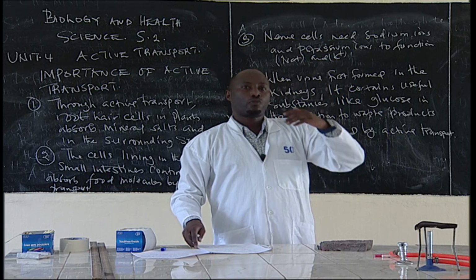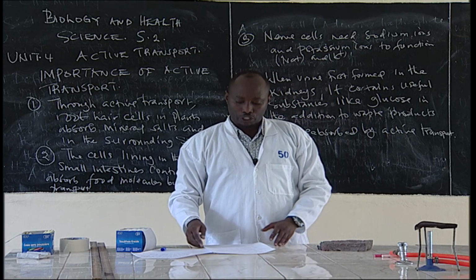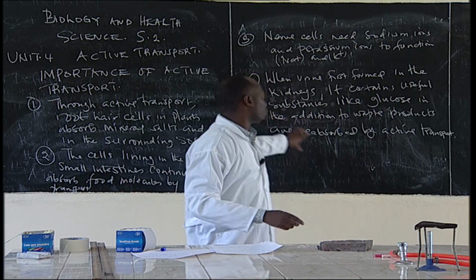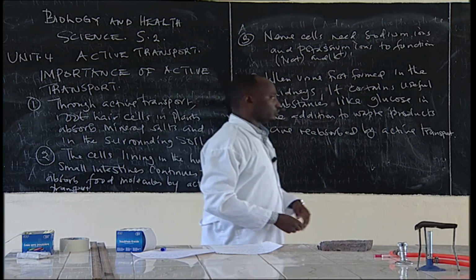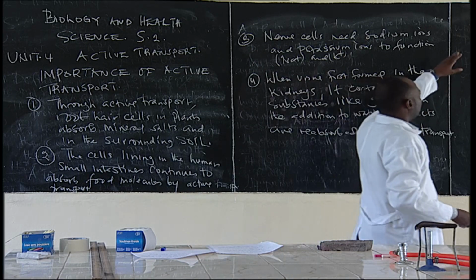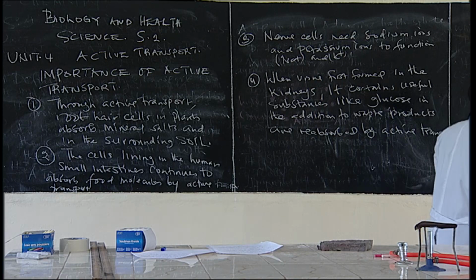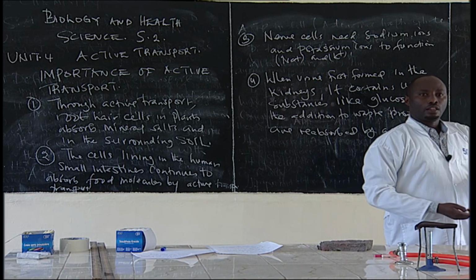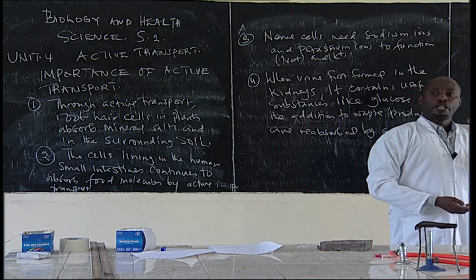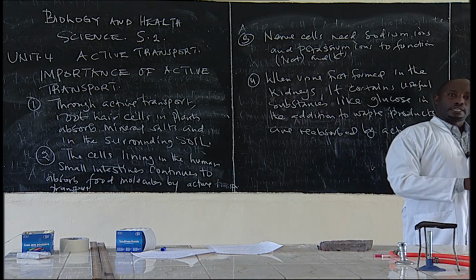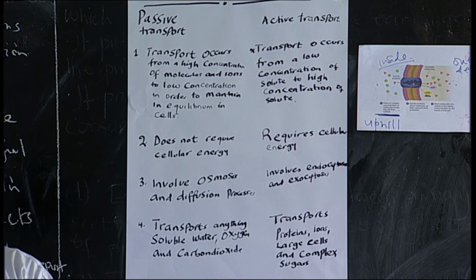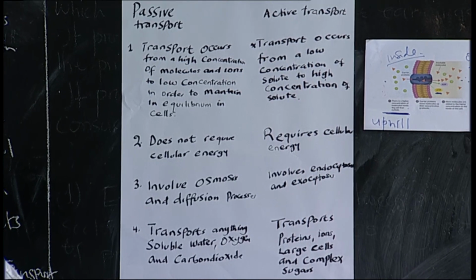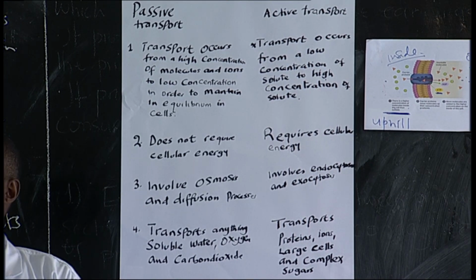So you can also look for other functions of active transport. These are not the only functions. Let me talk about the differences between a passive process and an active process. How does the active process differ from a passive process? As I mentioned earlier, a passive process does not need anything to move the substances. Substances are moved freely.